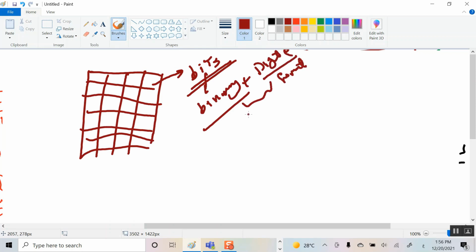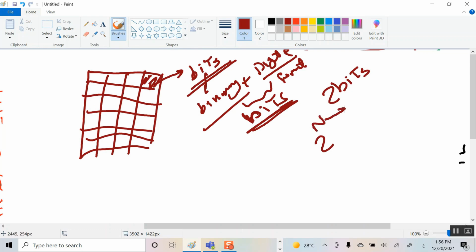So, the number of bits present in each pixel is crucial. It tells you how many values each pixel can represent from your grayscale. As we discussed before, if I have 2 bits, the number of values that this pixel can take is 2 raised to the power of the number of bits, which means 2 squared equals 4.